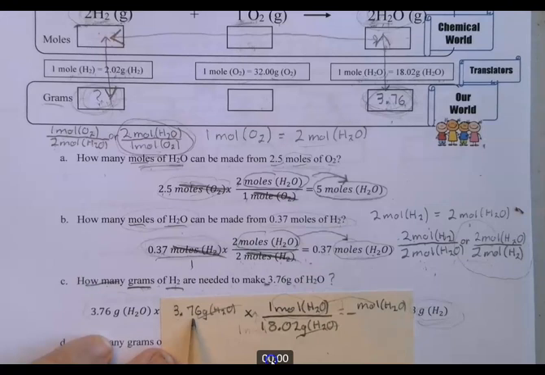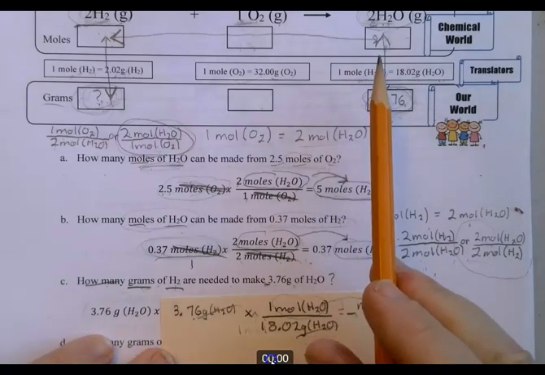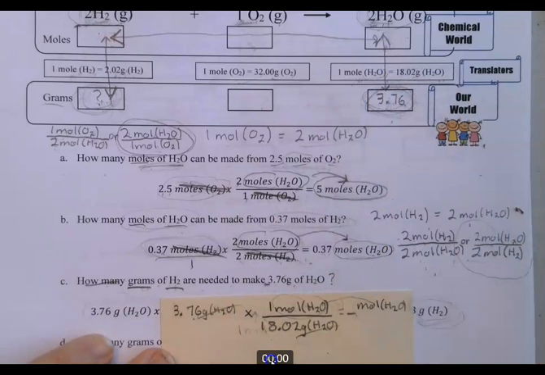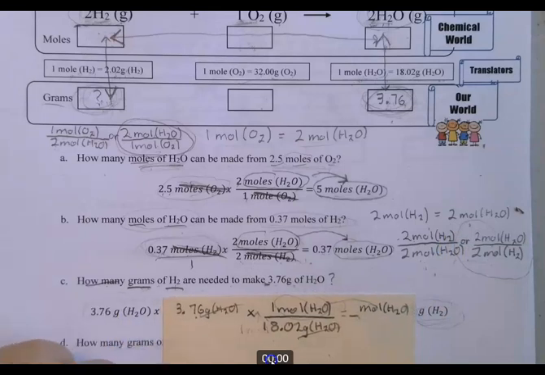So it would be 3.76 times 1 divided by 18.02. Now here's the thing. You don't actually have to solve that problem and write it up there. I'm going to do it this time though. I think I should. Okay, so here we go. If I did that, that would give me 3.76 divided by 18.02, and that gives me 0.21. So I'm going to write that here.